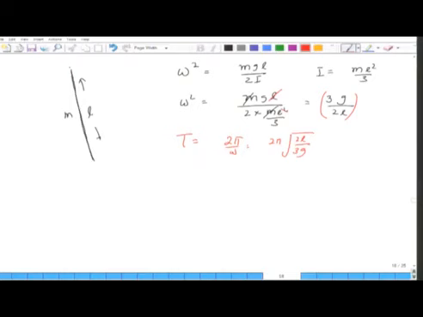Another example of this is, suppose I have a disc and I pivot it at a point on its periphery.